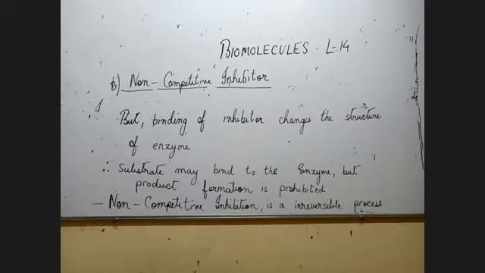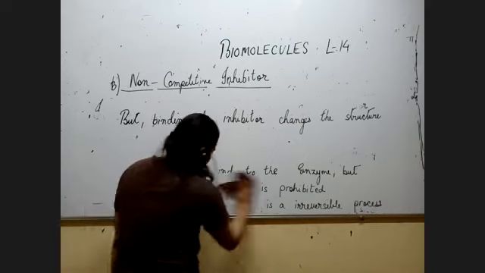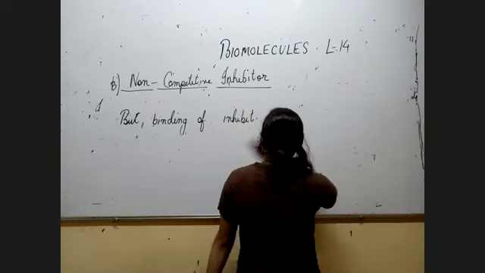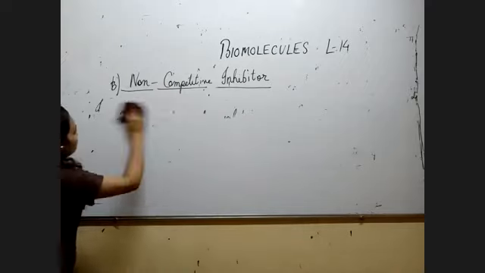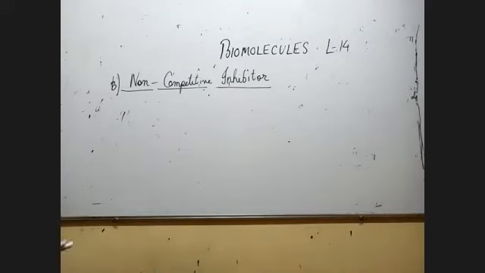Have you completed? Yes, ma'am. Okay. The next example for non-competitive inhibition is cyanide, which is the inhibitor of cytochrome C, the substrate.